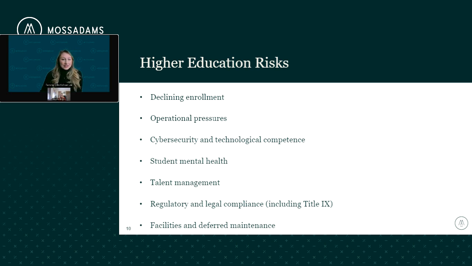And that deferred maintenance does create both safety risks as well as sort of a reputational risk if you have facilities that aren't necessarily keeping up with the cost of tuition in terms of what the student expects to see on campus. So I'm sure that these are all familiar to all of you, but wanted to just quickly cover some of these risk areas, since these are the types of things that internal audit should really be able to help you assess and identify opportunities for improvement in.